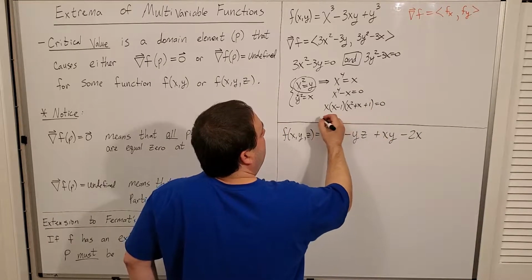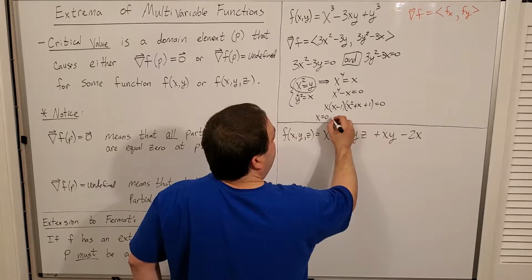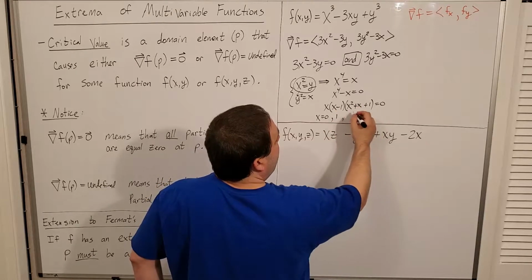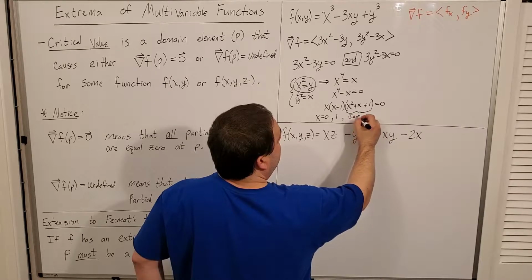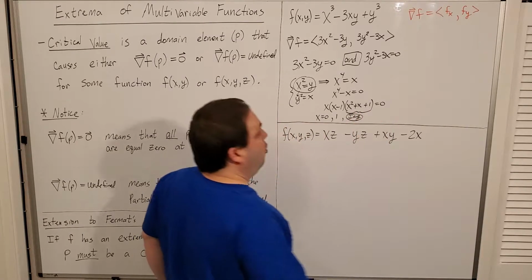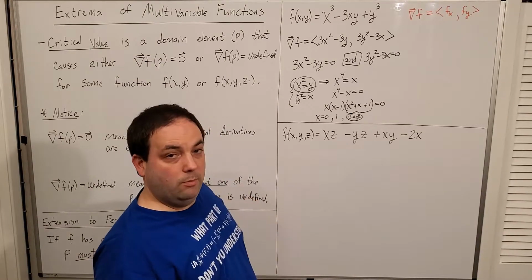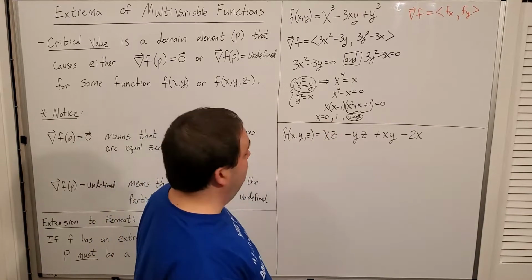This one right here is telling me that x is equal to 0. This one right here is telling me that x can be equal to 1. This one has some imaginary values. And of course, we're not graphing in the imaginary realm right now. We're not dealing with complex numbers. So I'm just going to go with the 0 and 1 answers.